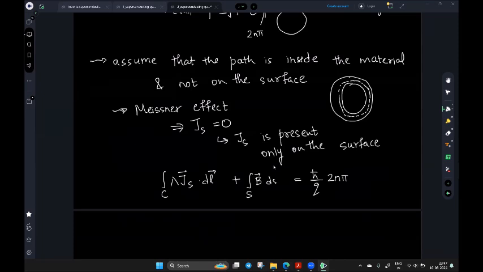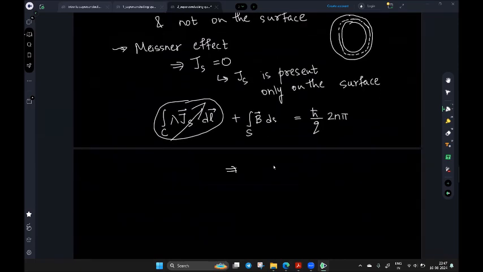And so this term goes to zero. This term is actually zero. What we are left with is the integral of the magnetic field around the surface equal to this quantity on the right hand side.